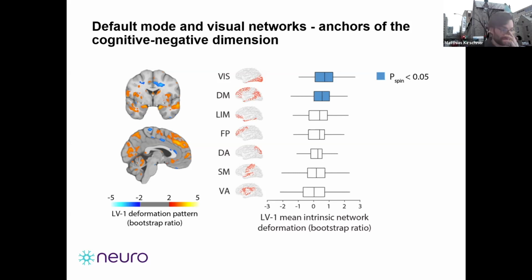We used spin permutation testing, controlling for autocorrelation, to identify significant associations between the brain deformation and the intrinsic networks. We identified that the default mode network and the visual network anchor this cognitive negative dimension brain deformation pattern we observed in our partial least squares analyses. In other words, the cognitive negative dimension we observed in our patients is specifically related to default mode and visual network deformation.